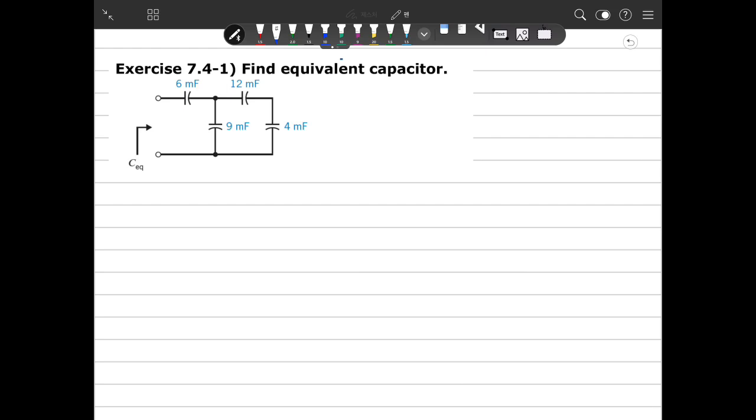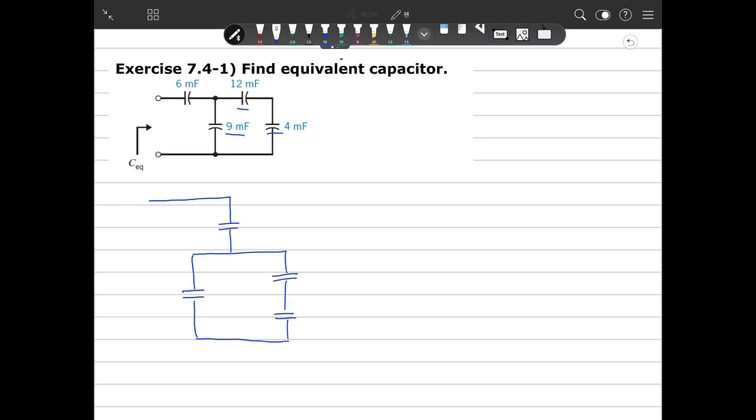And as I always say, when you have a circuit, I recommend you draw it yourself to understand what this circuit is. I will redraw the circuit here. At first, there is 6 millifarad, and there's a branch here. So we have 9 and 2 series connected capacitors here.